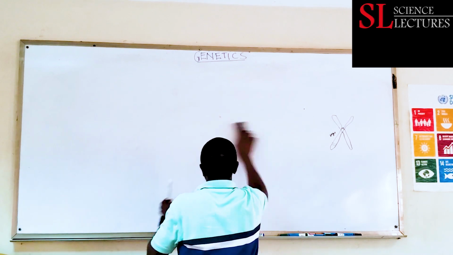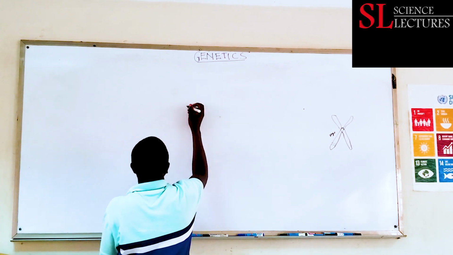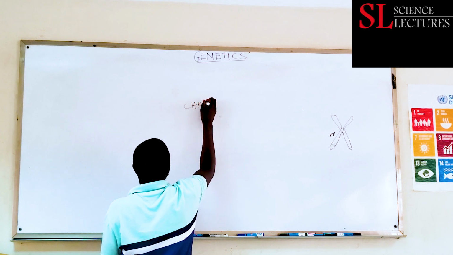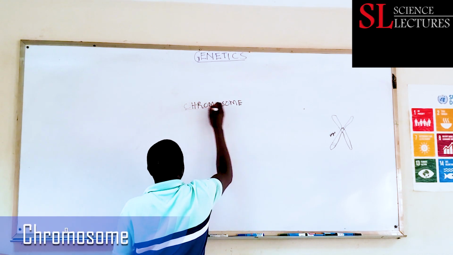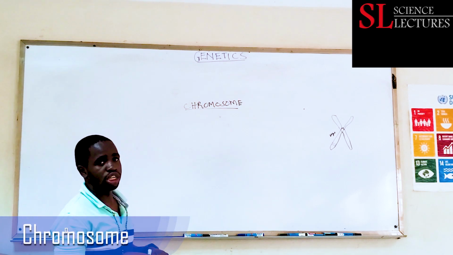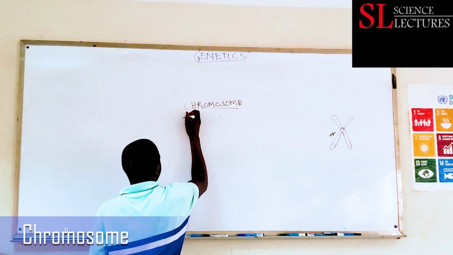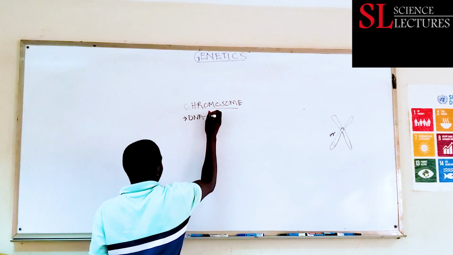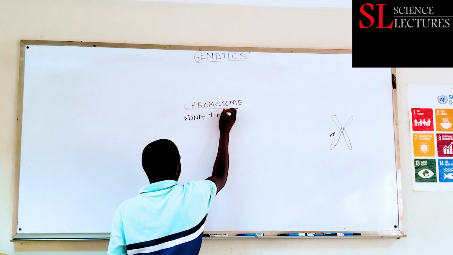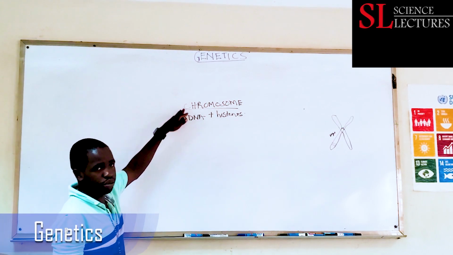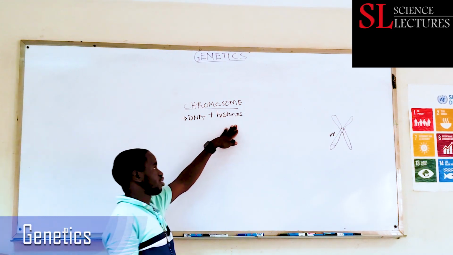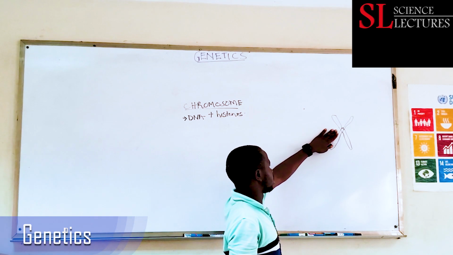So we've talked of a genome, and I think we need to look at what they call a chromosome. A chromosome is simply a structure in which we have DNA molecules surrounded by proteins called histones. A chromosome is made up of DNA and surrounded by histone proteins.